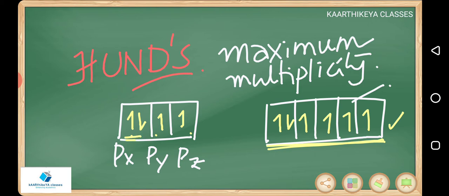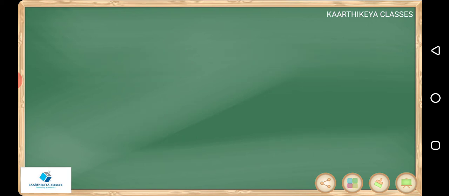Hund's maximum multiplicity principle is the pairing of electron takes place only after all the degenerate orbitals are filled with one electron each. Here degenerate meaning is having same energy. Degenerate orbitals.